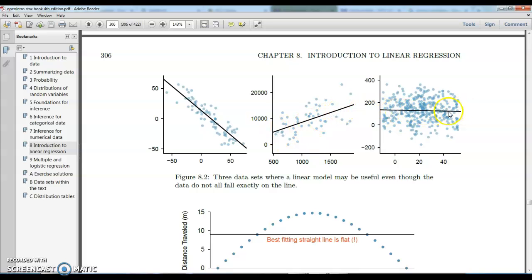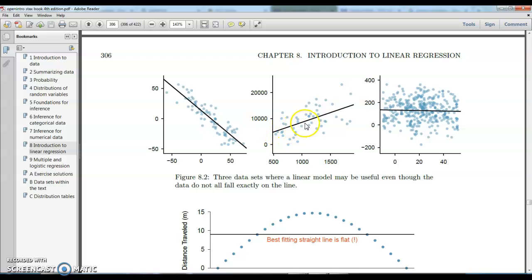This one looks slightly negative, but we would probably say that there is no real correlation because as we're moving from left to right, it's not necessarily clear that this variable goes up or down. Here we've got a negative correlation, and it's relatively strong, and we say it's strong because our points are close to the line, right? It's not too spread out.